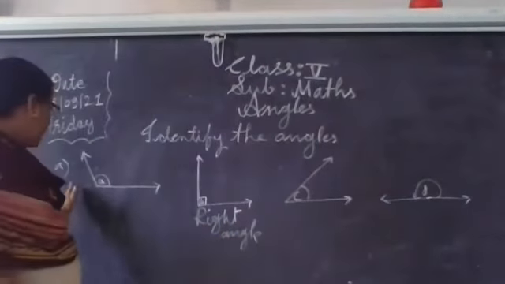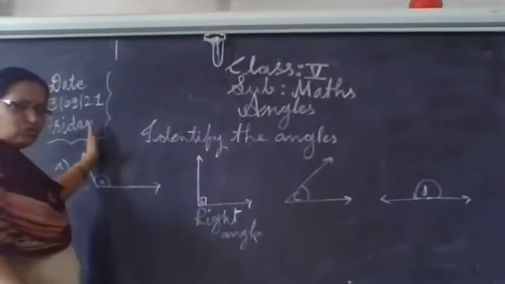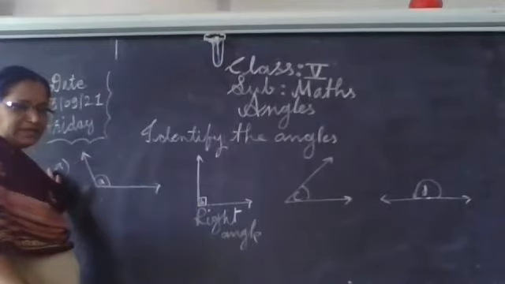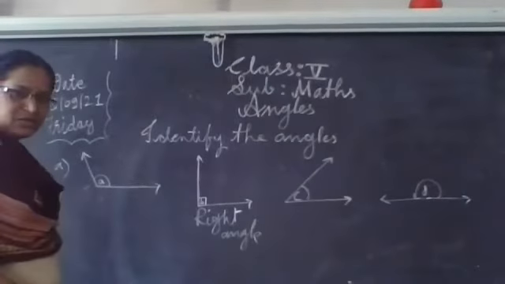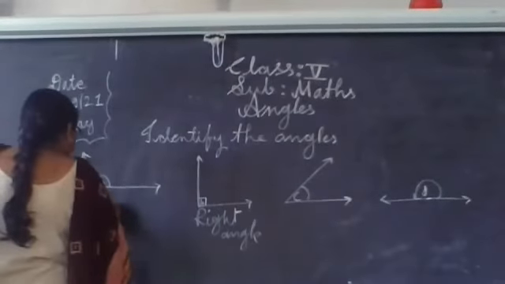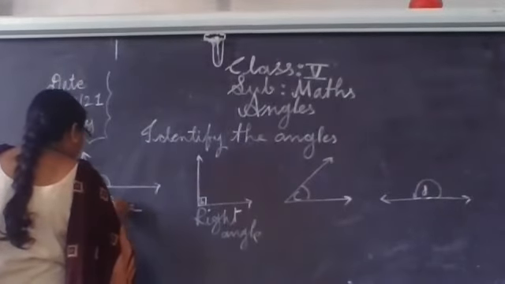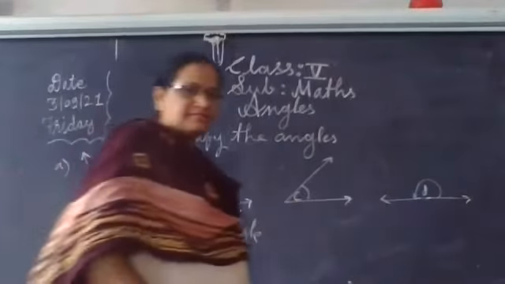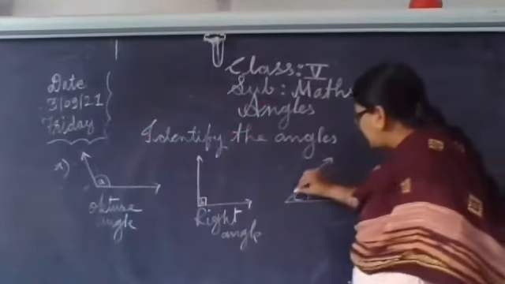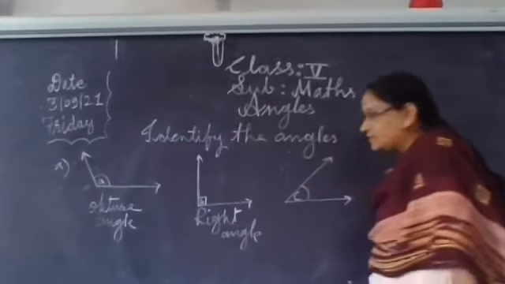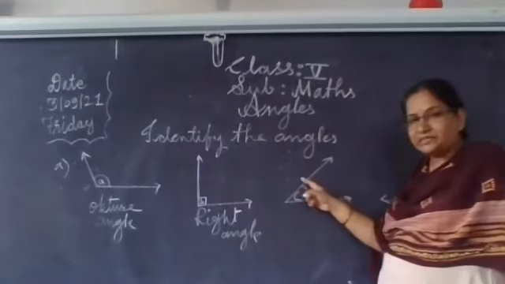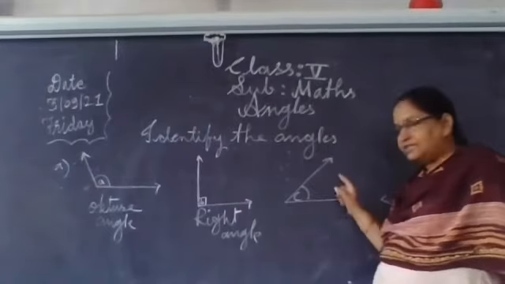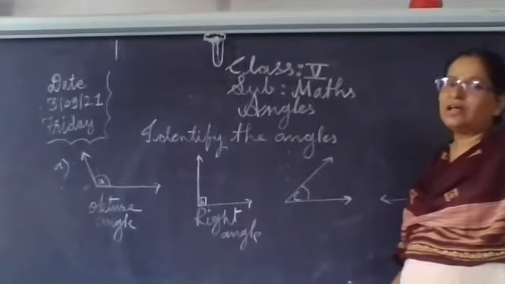And see question A. Right angle means these two will be perpendicular, but this is more than 90. So it is an obtuse angle. Now see the third one. It lies between 0 and 90, so it is an acute angle.